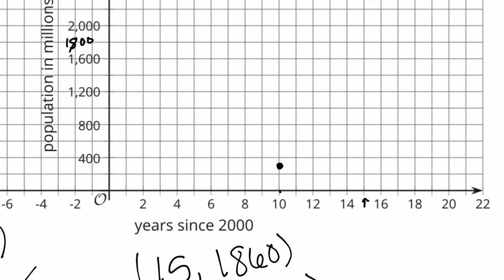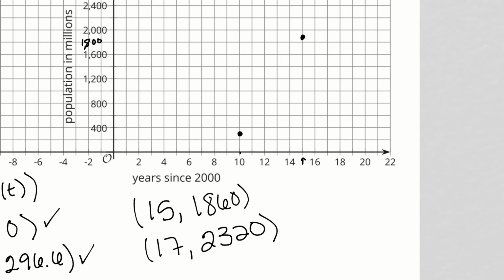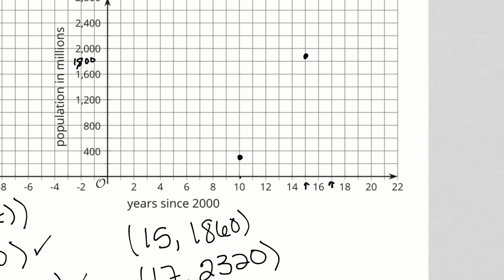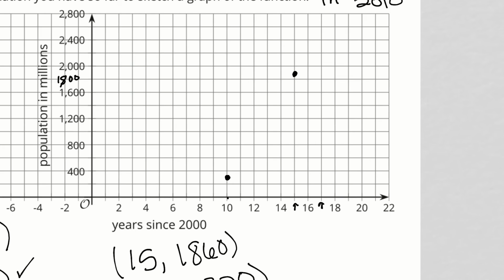Slightly below the halfway point would be ideal. Let's make that a little bigger and make it centered. And lastly, we're going to do 17 to 2,320. That one's going to be closer to the 2,400, but still kind of close to the center. Sorry, I think I said 14.